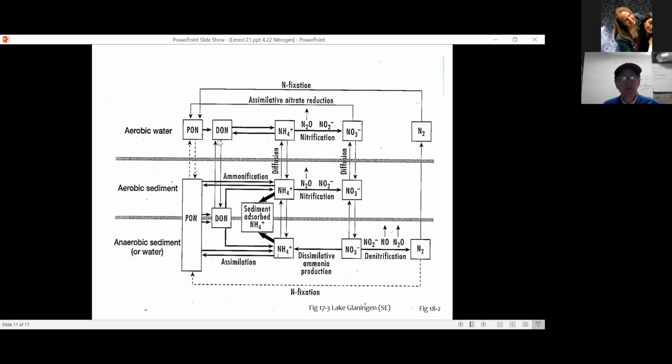And that dissolved organic nitrogen can be broken down further into ammonium, because it typically is like amine groups, like in amino acids. So it typically is first released as ammonium. But if there's oxygen in the water, it will get oxidized into nitrate.